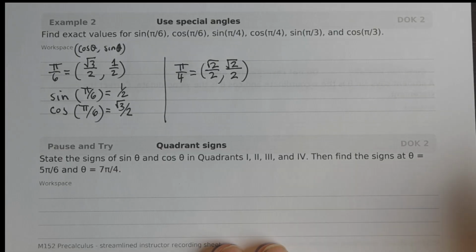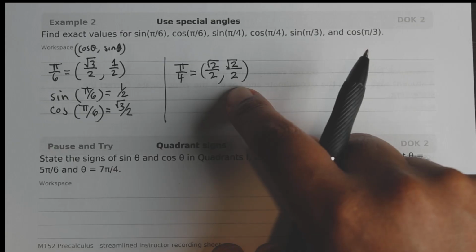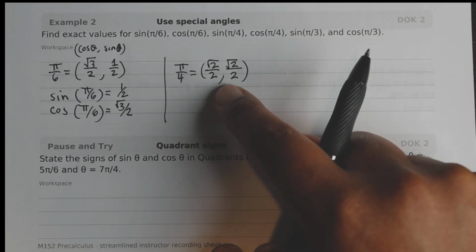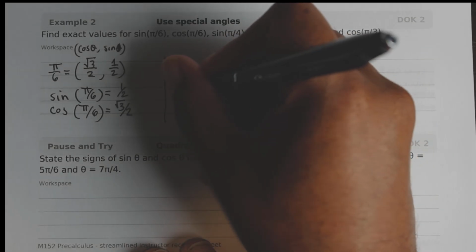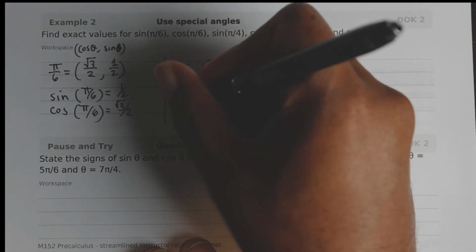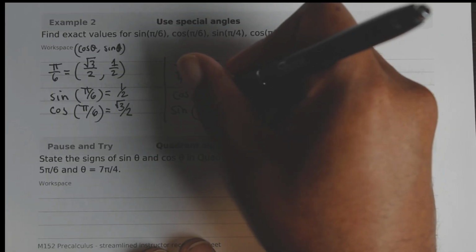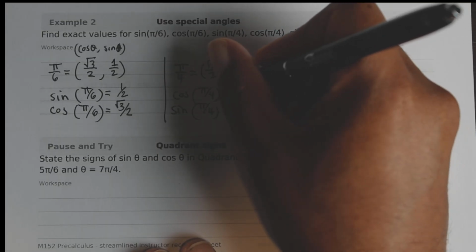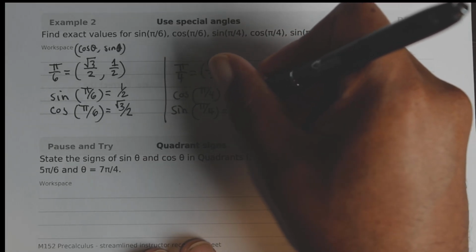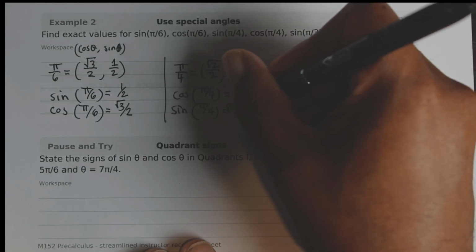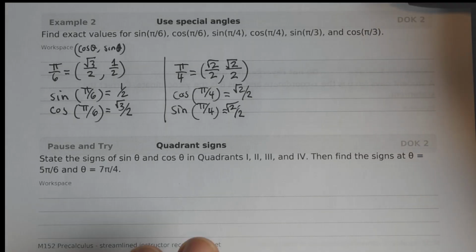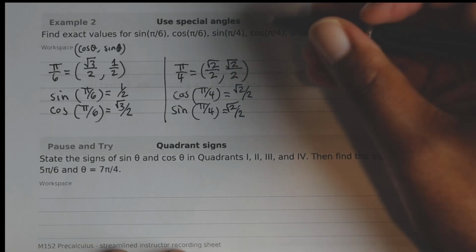Okay. So again, sine and cosine in this case, you can see, are equal, right? So cosine pi over 4 and sine pi over 4 are both equal to square root of 2 over 2. Okay? So now we need pi over 3.